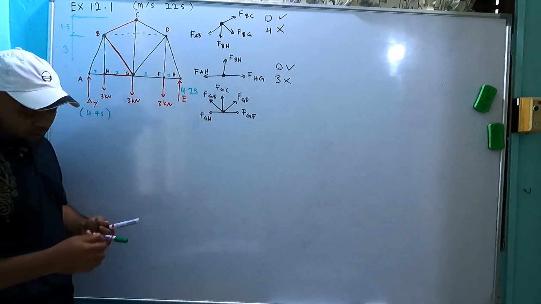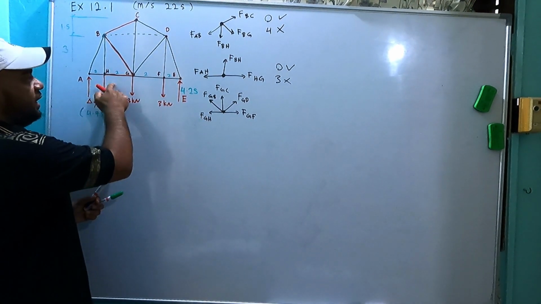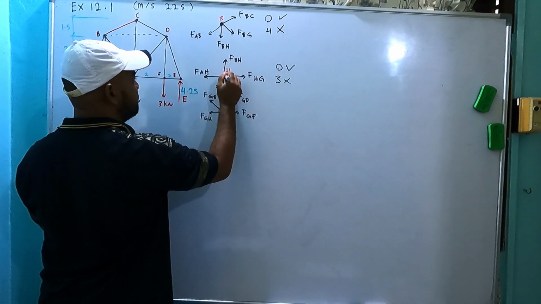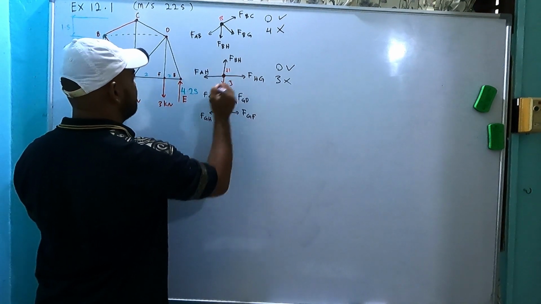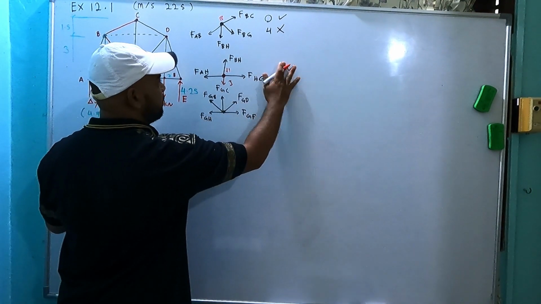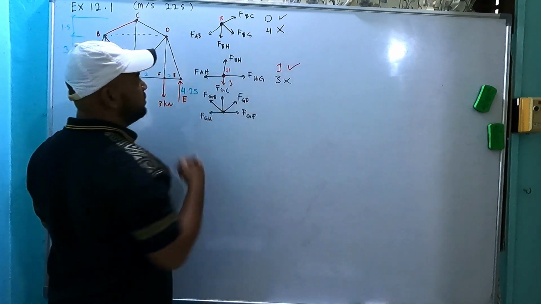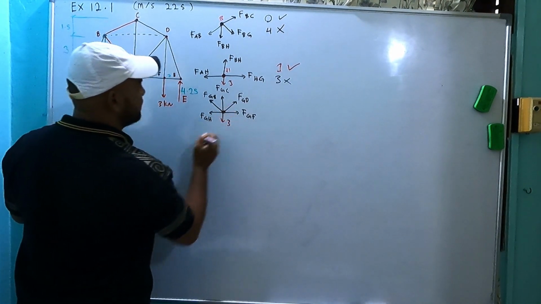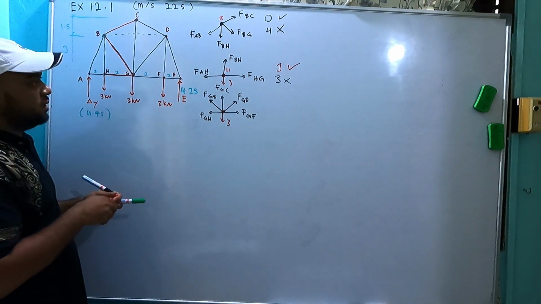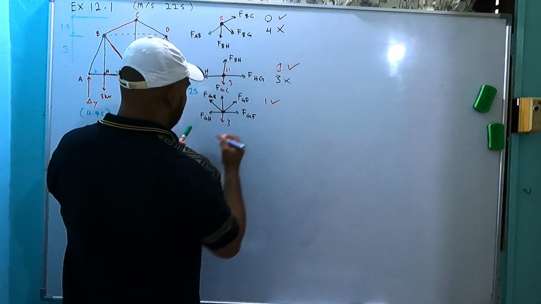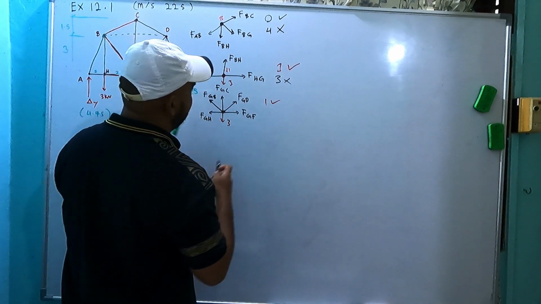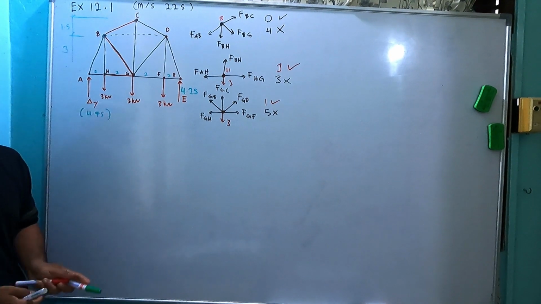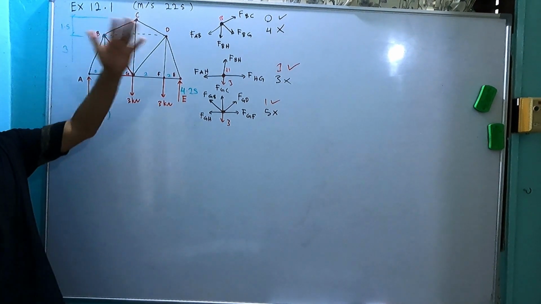Okay, I forgot to put one more here, which is at point H. This is point B, this is point H. So at H we should have a downward force, which is 3 kilo. So we have 1 known and 3 unknown. So here also we should have 3 kilo. So from here you have 1 known and also 5 unknown. That's why we cannot start by any of these 2 points.